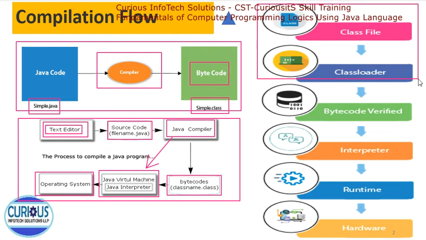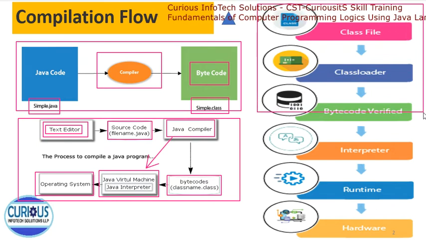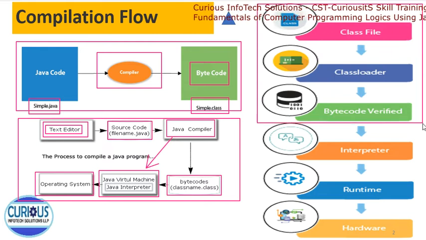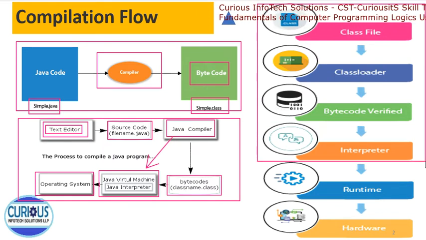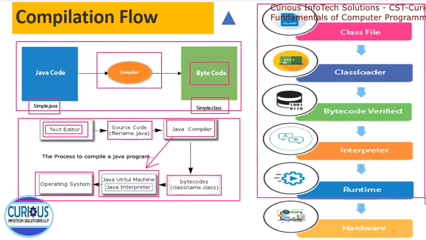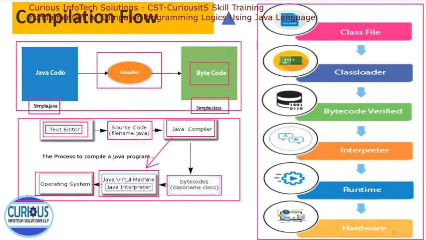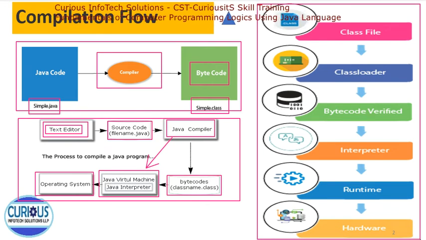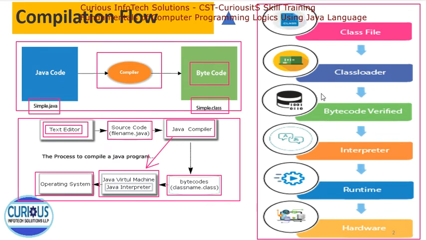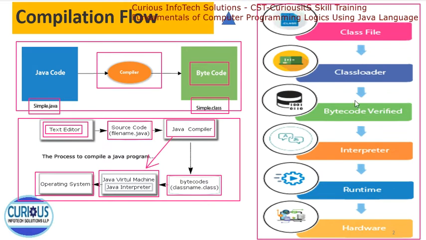Then we require our class loader that will load the class, and we have to verify the bytecode and then we will run the interpreter, and by this interpreter we will get a runtime environment and then you will run your program on the native hardware. Okay, so this is the flow of how we are running this Java program.